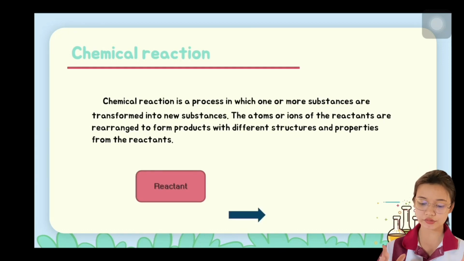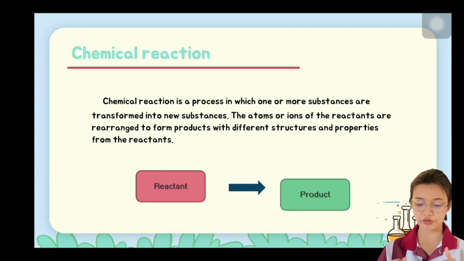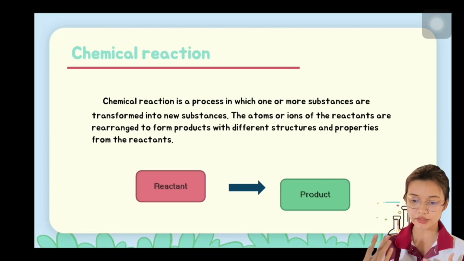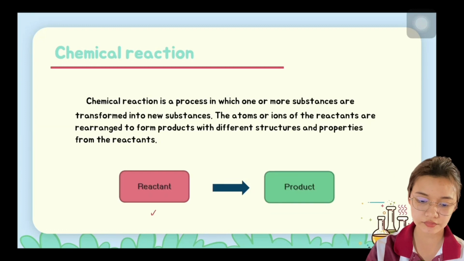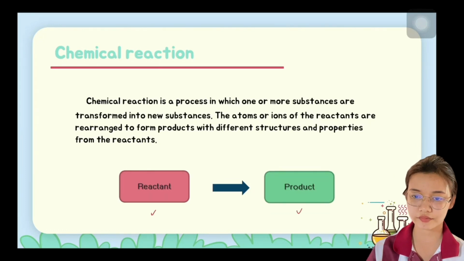Chemical reactions can be represented by a chemical equation. This consists of the reactants to the left of the arrow and the product substances on the right side of the arrow.